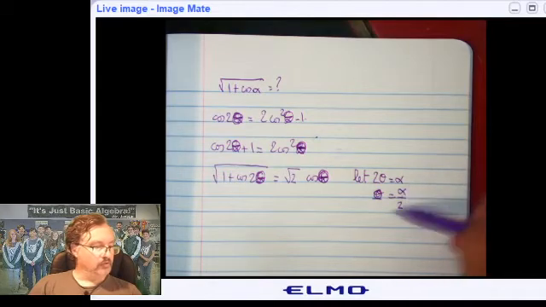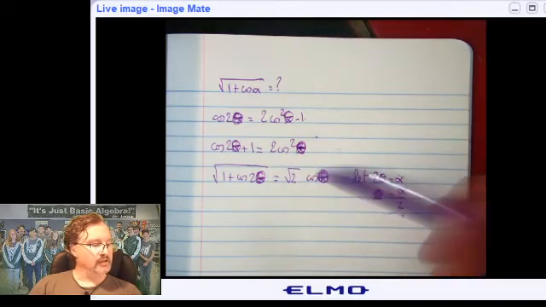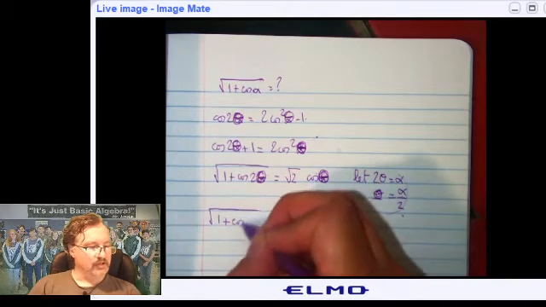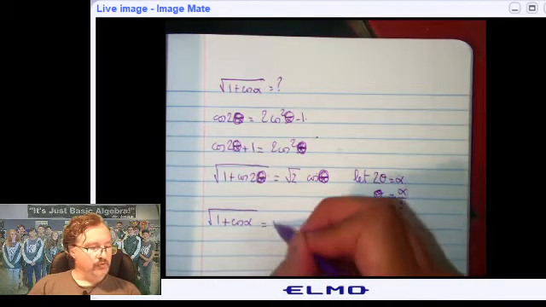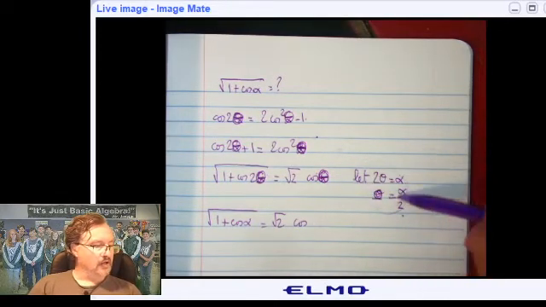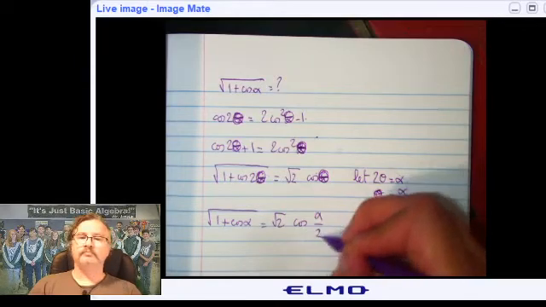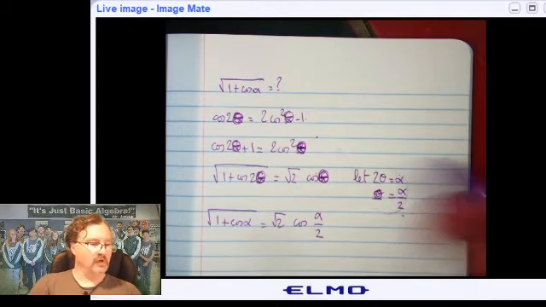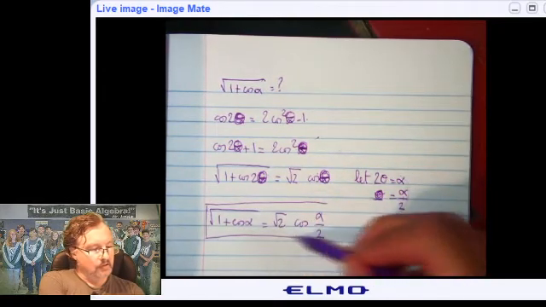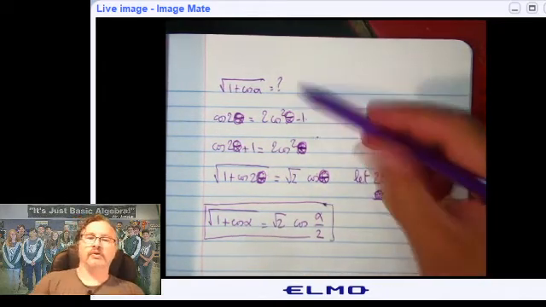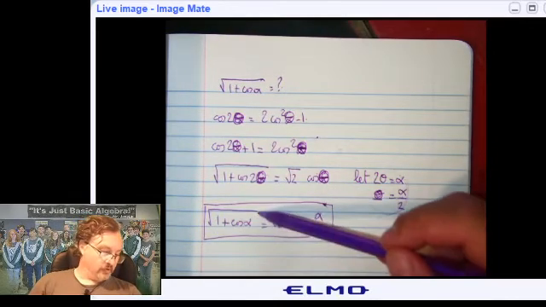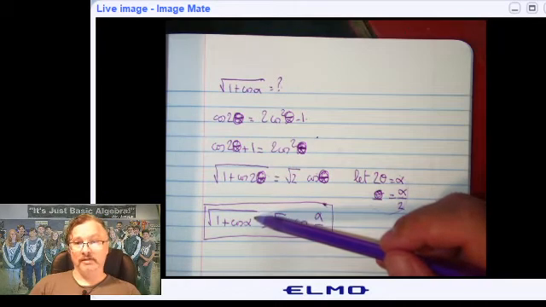And if I now replace those two variables in here, that's going to give me the square root of 1 plus cosine alpha is equal to root 2 times cosine of alpha over 2. So I now have this original expression simplified, and it is simplified because now I don't have a square root anymore. That was really the pesky thing right here.